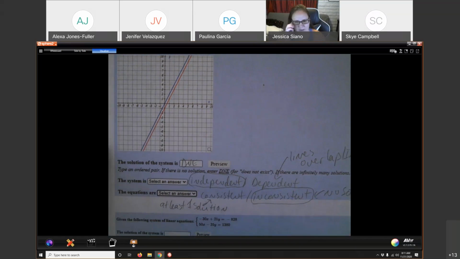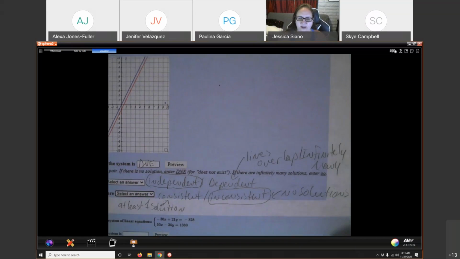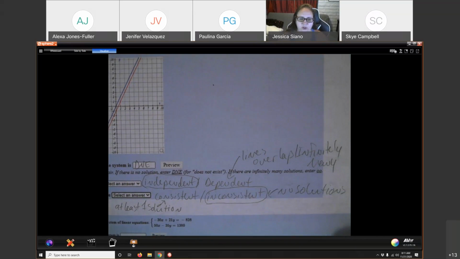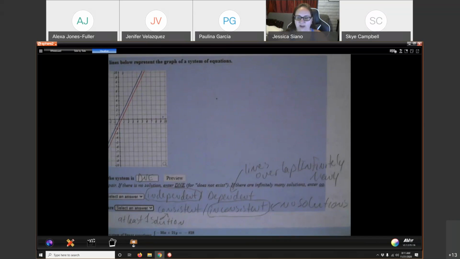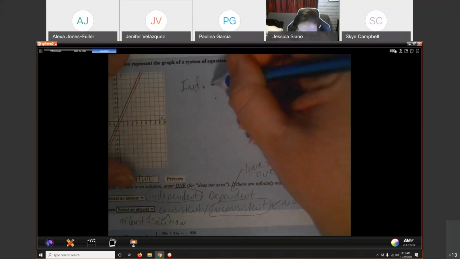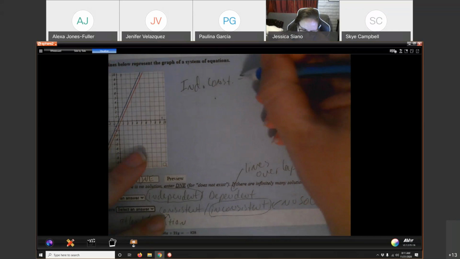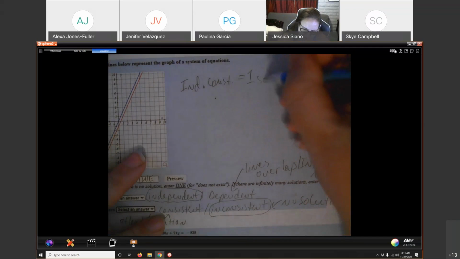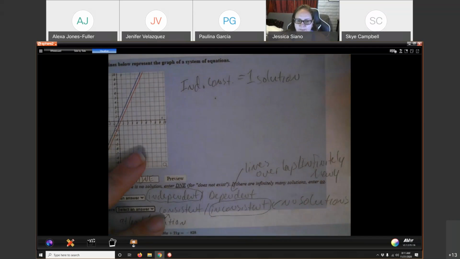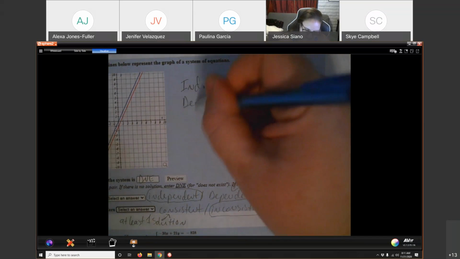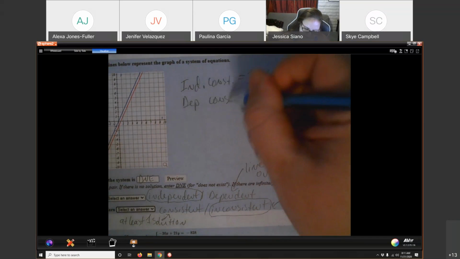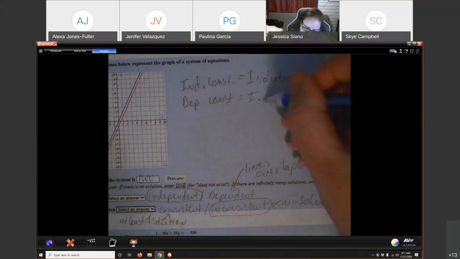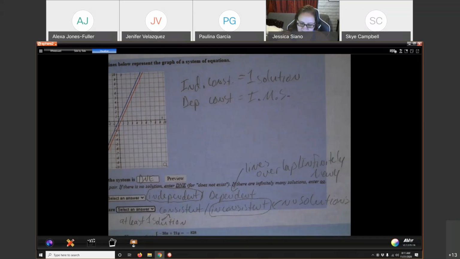Okay. I didn't realize you couldn't see what I was writing. So there are a couple of different possible combinations here. Let's talk about them. If you have independent and consistent, that means you have one solution. If you have dependent and consistent, that means you have infinitely many solutions. Overlapping lines.